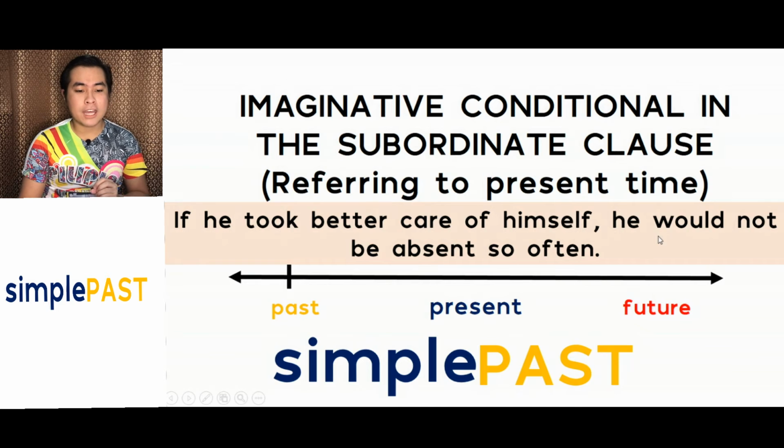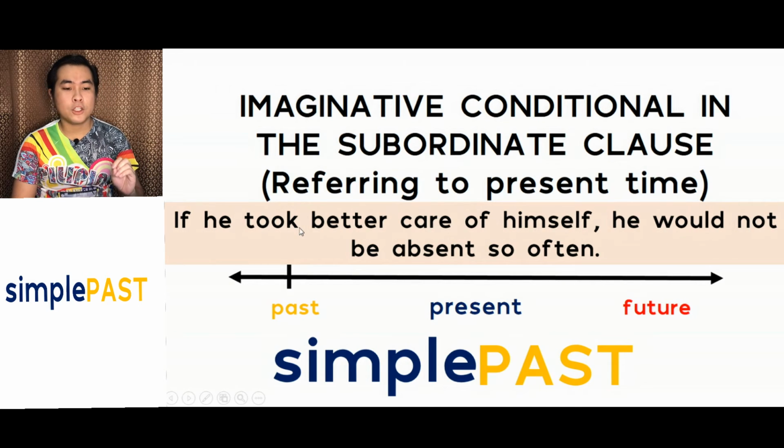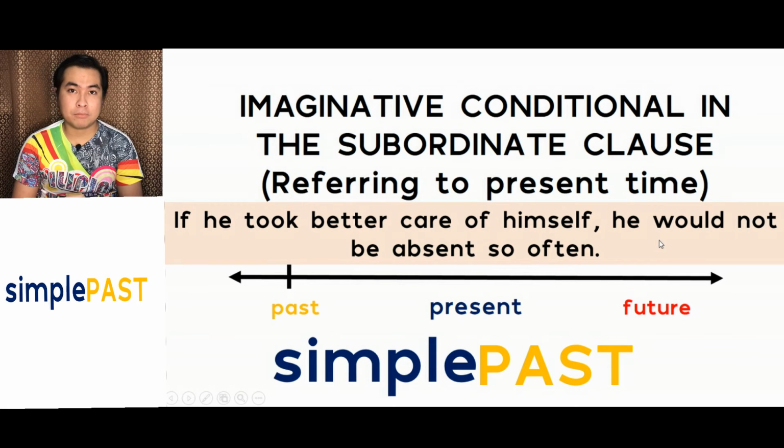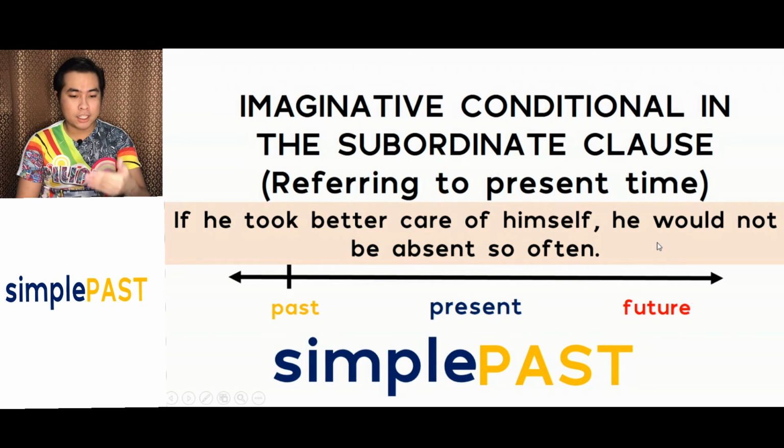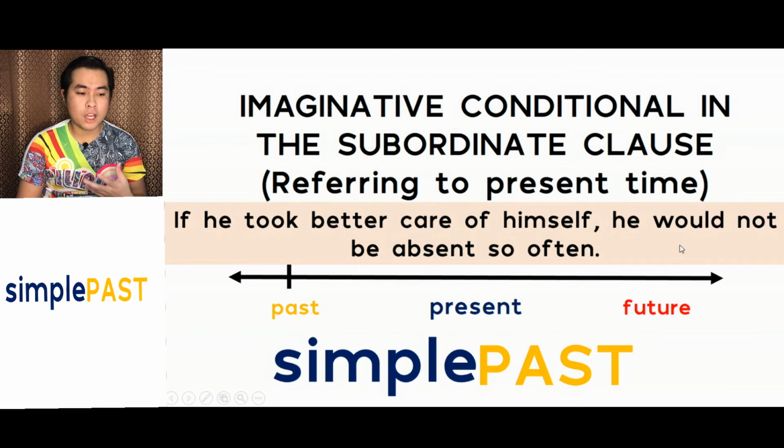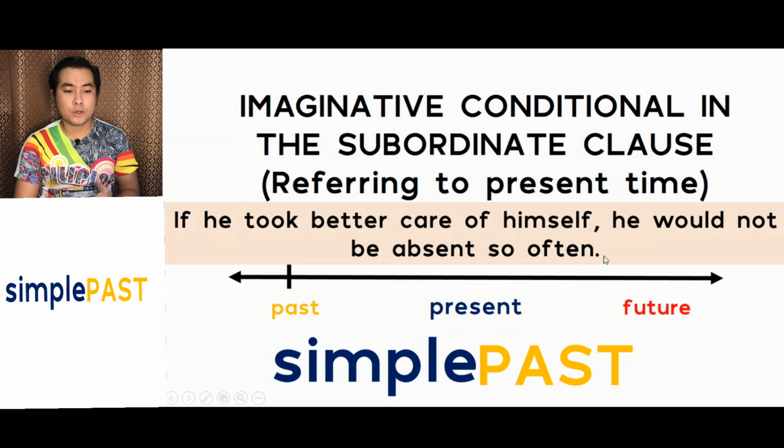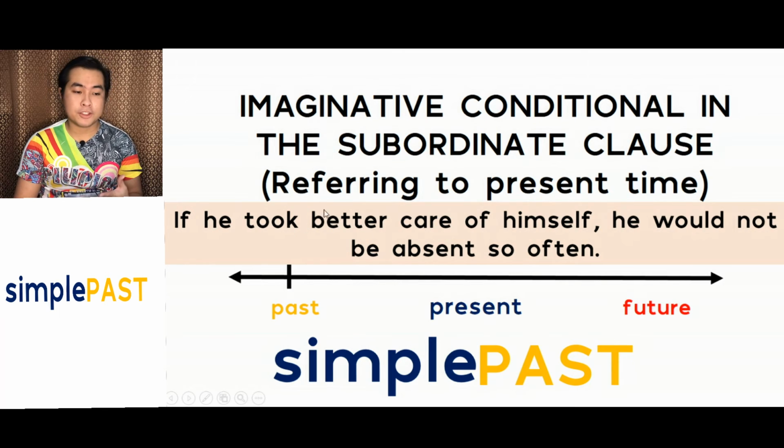But when you have that, you also have to look at the main clause, which should have the future time. In that case, we have will plus the verb, right? And in this case, it's not that structure. We use would not be absent so often. So this is a present time reference of this event or this imaginative condition.